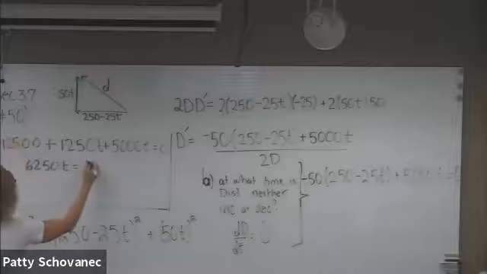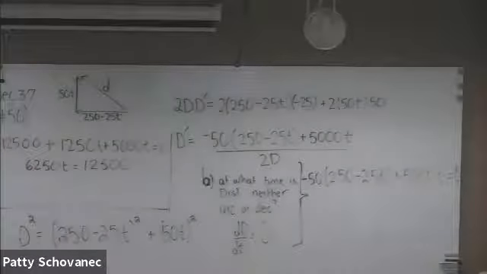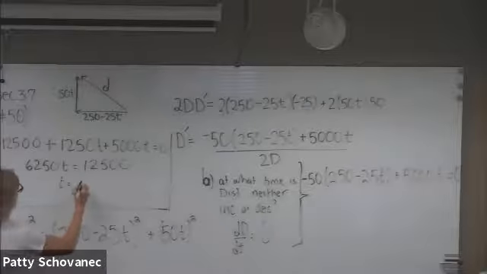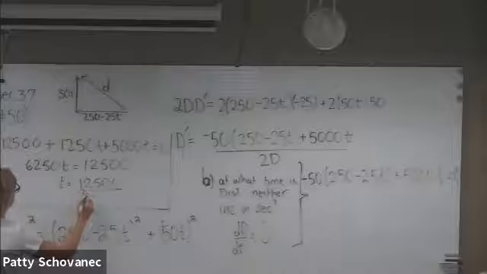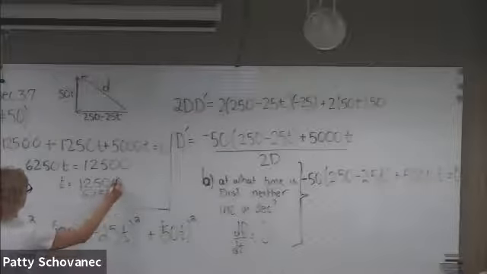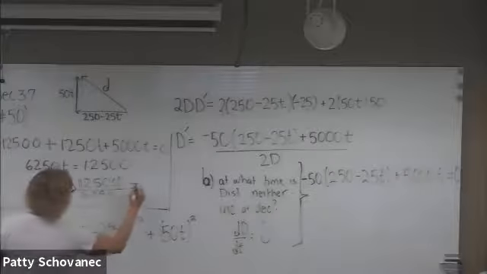Move that to the other side, and then we're going to divide by 6250. And that goes twice, right? t is equal to 2.